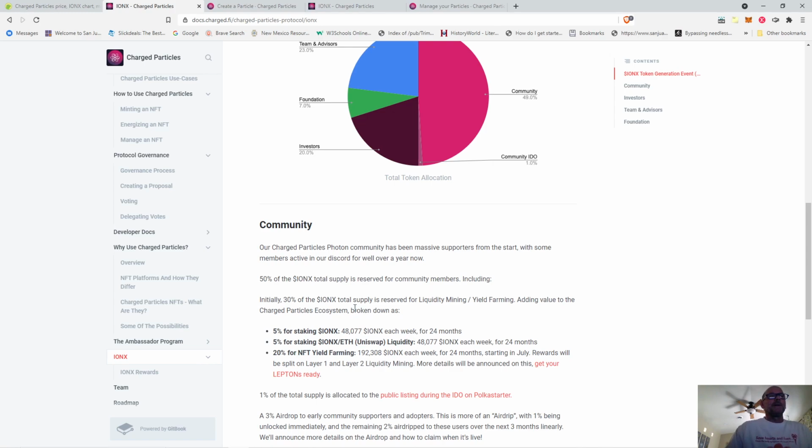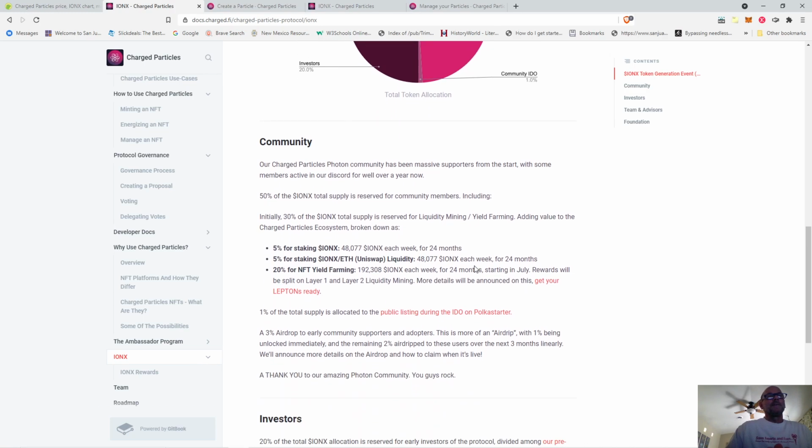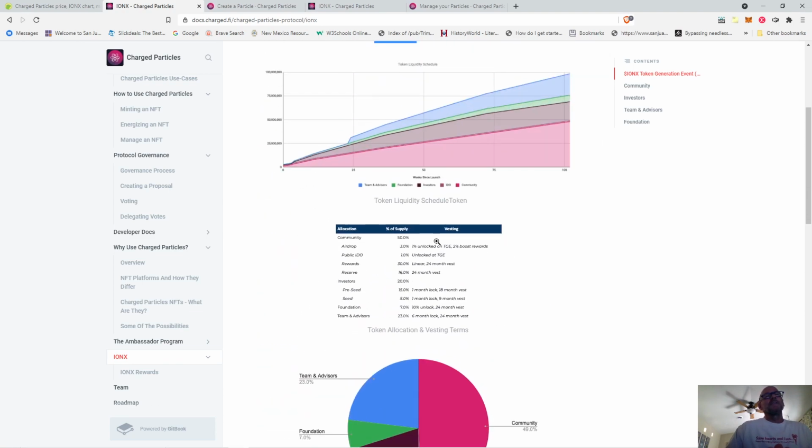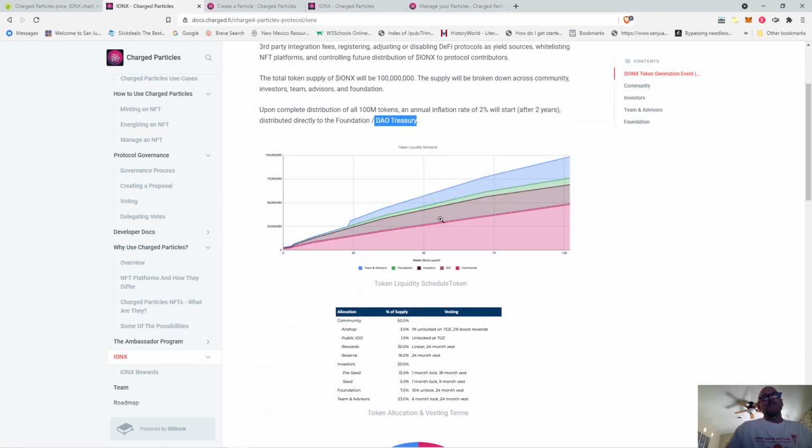Okay, so 50% to the community, and then it breaks that down even further. But what you do want to see is a nice even distribution of the tokens, and generally speaking, that's going to keep a pretty steady value of the token, that's good for its price, basically, right?